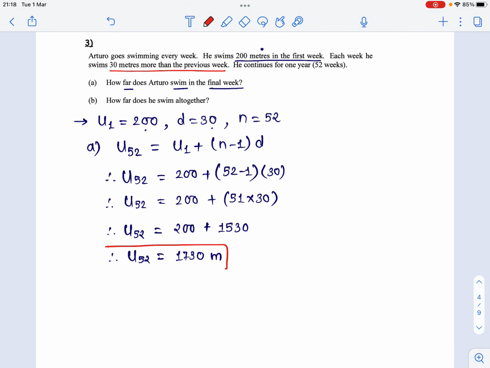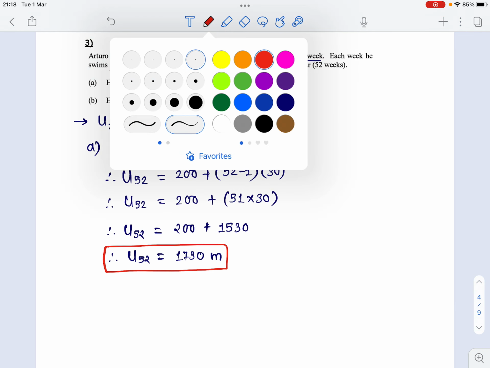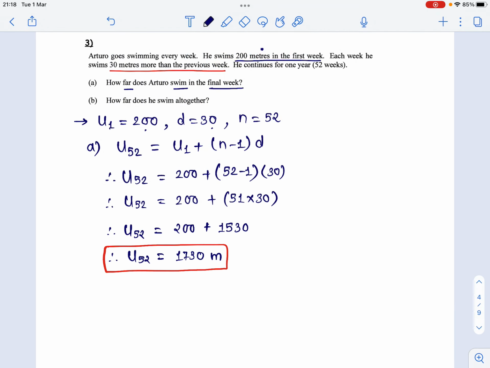So this is the end of the first part. Second part, how far does he swim altogether? Altogether means they are asking to find out the sum. And we know the first week is 200, the last week is 1730, n is 52.